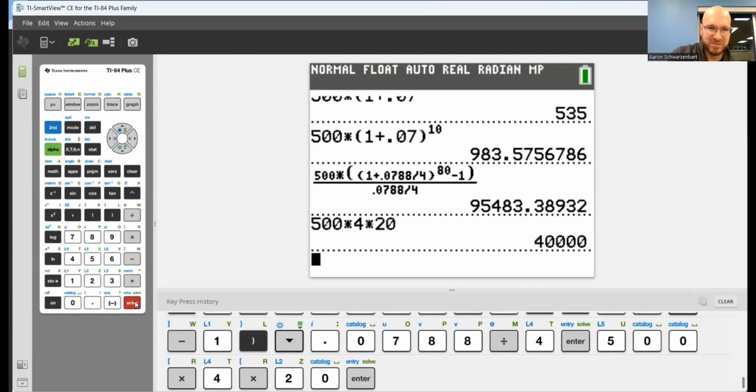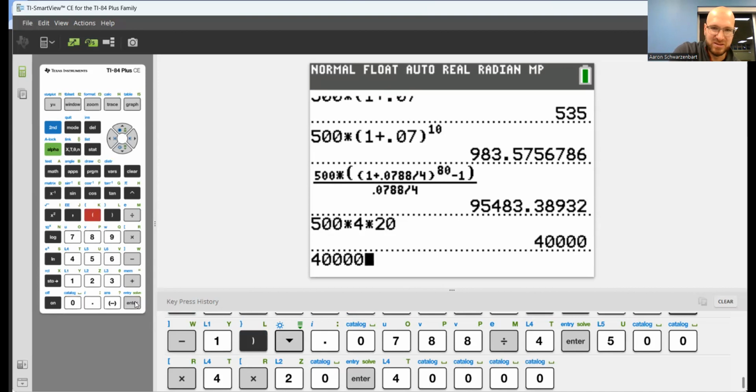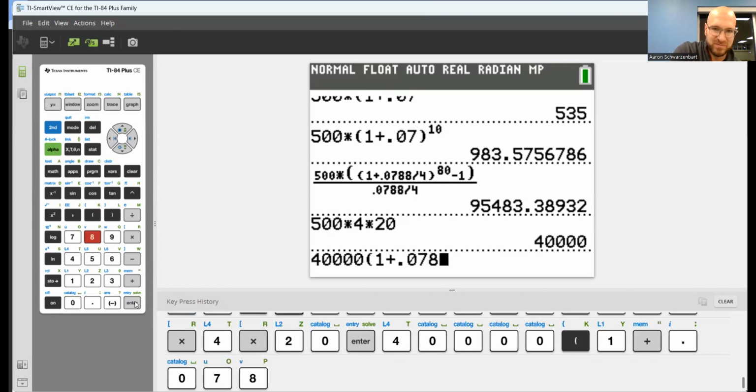If she did this, I'm going to enter it with the equation just to see what it would be if she entered it all at once. And I expect it to be quite a bit more.